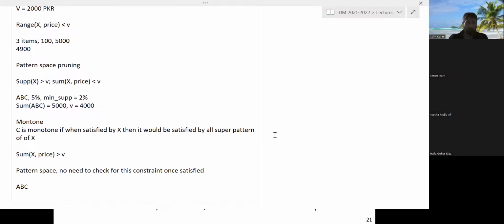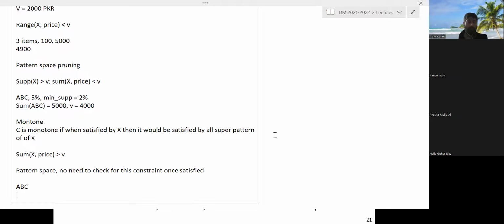Okay? So of course monotone has more examples too, count can also be one, simply reverse the sign and it becomes monotonic. So anti-monotonic and monotonic are kind of complementary. But of course, the anti-monotonic constraint yields more advantages because you are able to push this constraint deeper into the algorithm and filter out or prune out patterns that would not be satisfied.